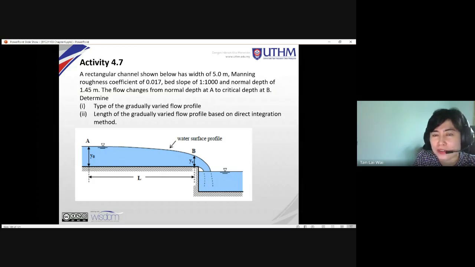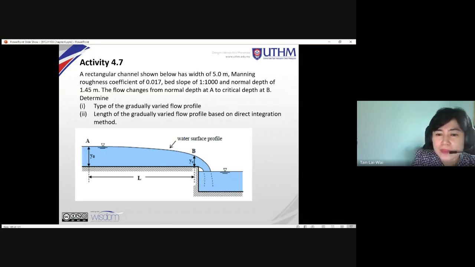So I'm going to share all slides with this solution. You may check, when you have tried, check your answer and compare it with mine. Now, bear in mind, my answer is not necessarily correct. Let me know if you found any mistake in my solution.